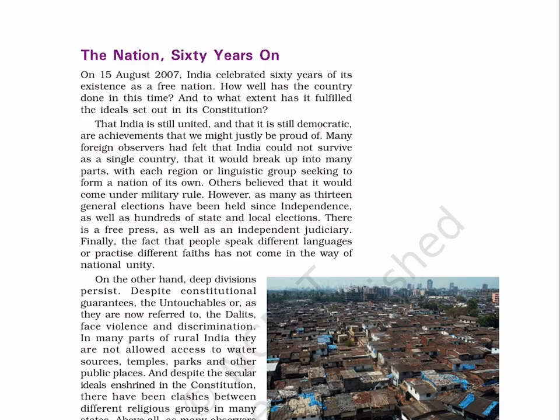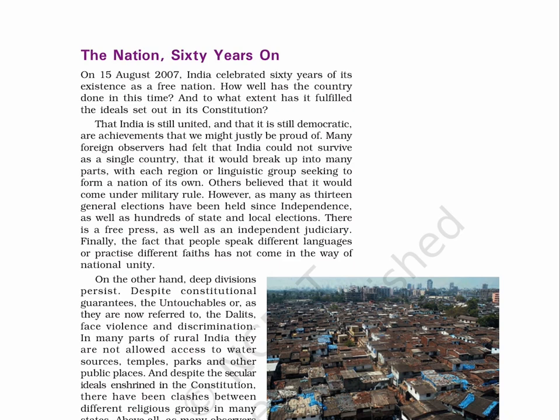Many foreign observers had felt that India could not survive as a single country, that it would break up into many parts, with each region or linguistic group seeking to form a nation of its own. Others believed that it would come under military rule. However, as many as 13 general elections have been held since independence, as well as hundreds of state and local elections.